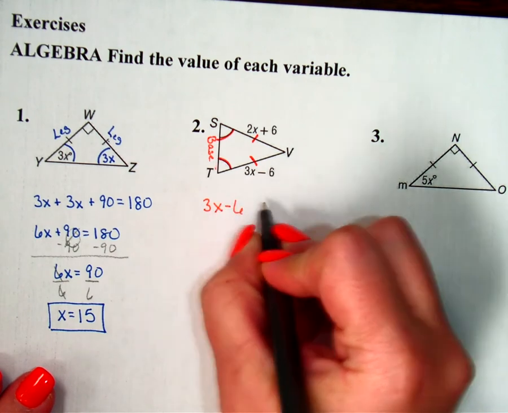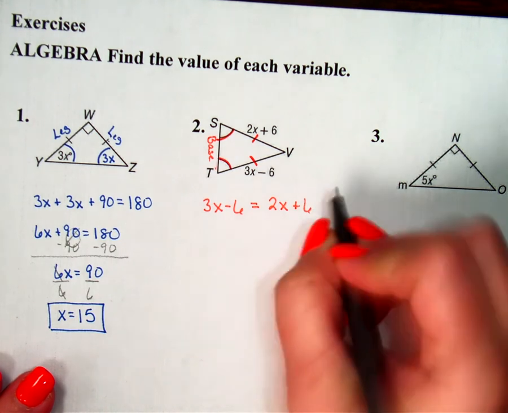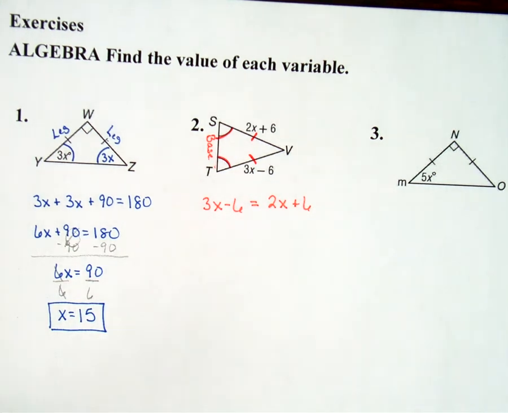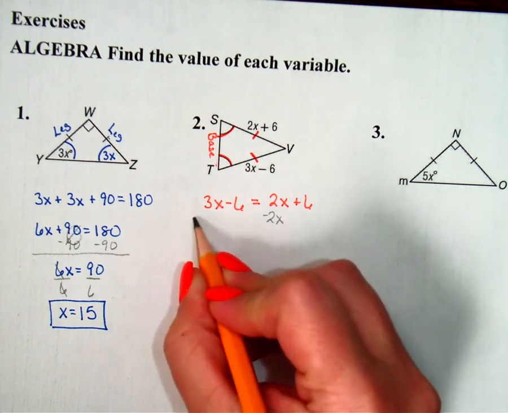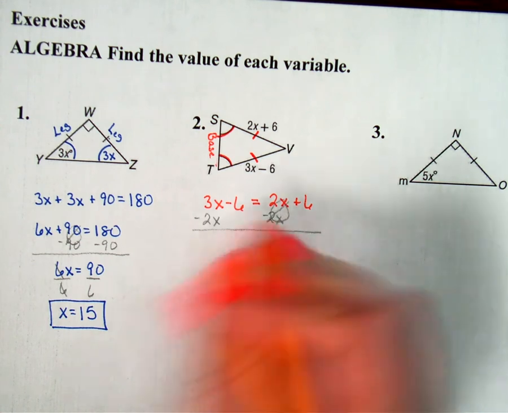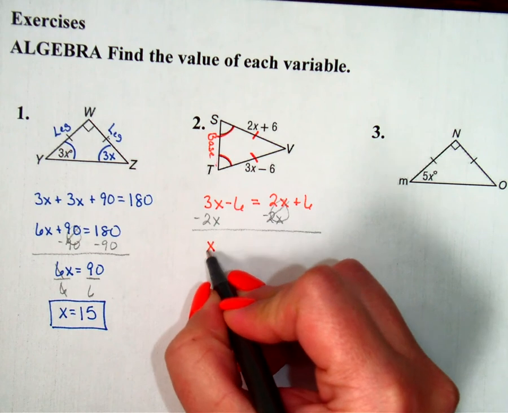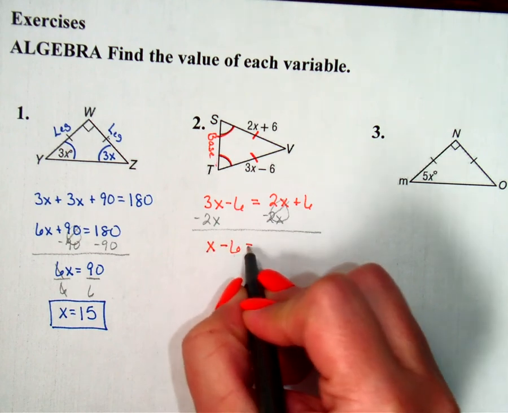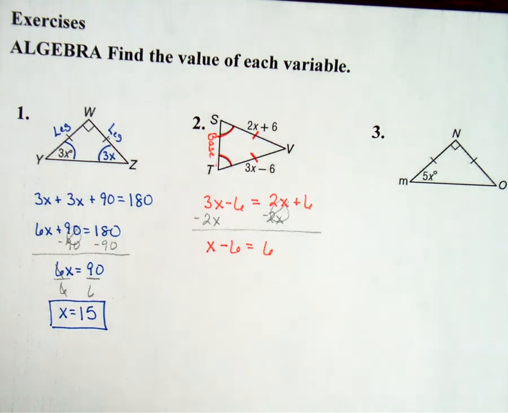My 3x minus 6 is equal to my 2x plus 6. Okay? Then when I go to solve this, I'm going to subtract 2x to get all my x's on the same side of the equals. So I end up with 3x minus 2x is just 1x minus 6. 2x minus 2x is 0 plus 6.